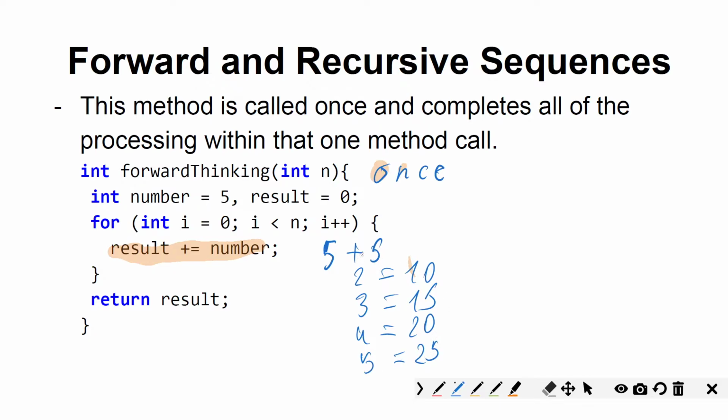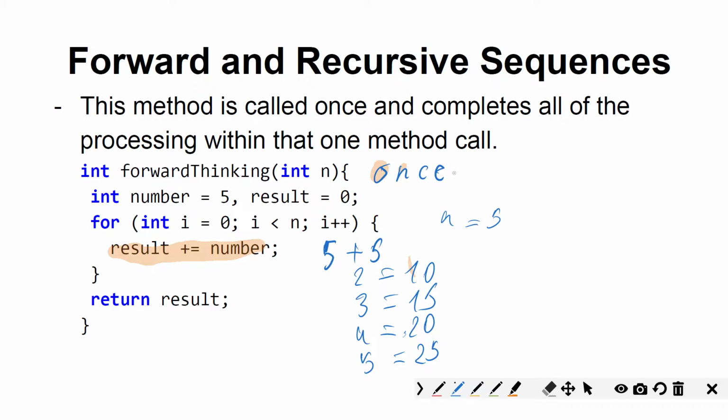And you just add the number. It's really easier to think in that way to sum up some constant value like 5, if you have n equals 5, and you call this function once.